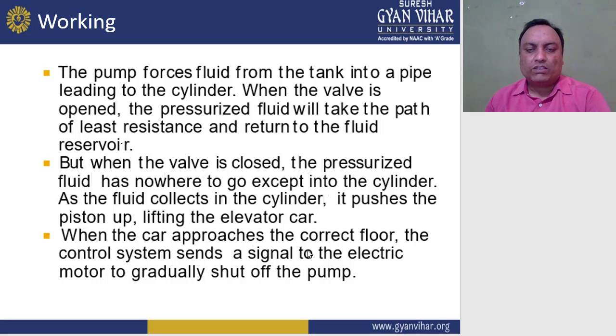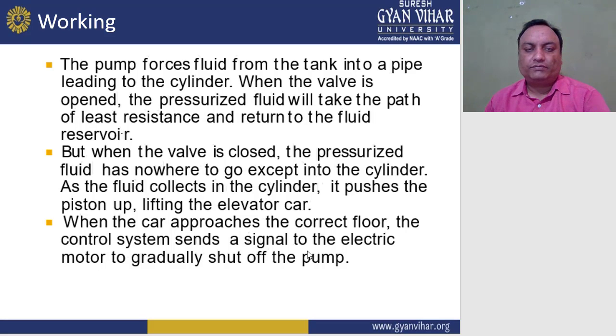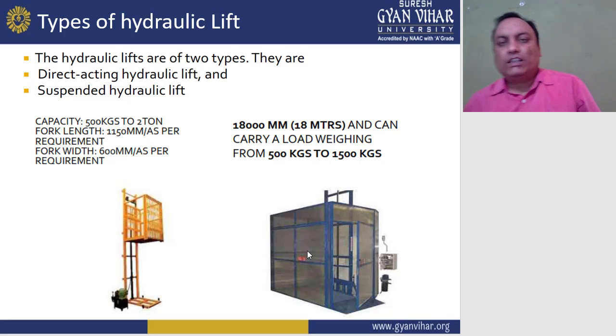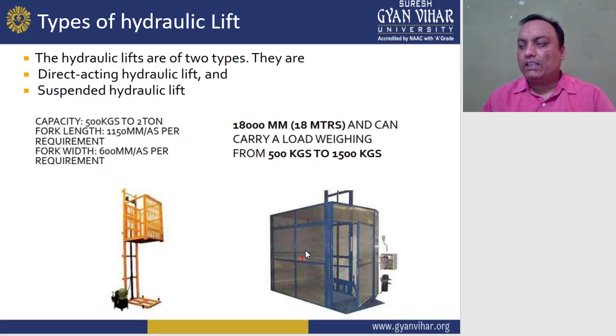And when the car approaches the correct floor, the control system sends a signal to the electric motor to gradually shut off the pump. And these are the two types of lift.